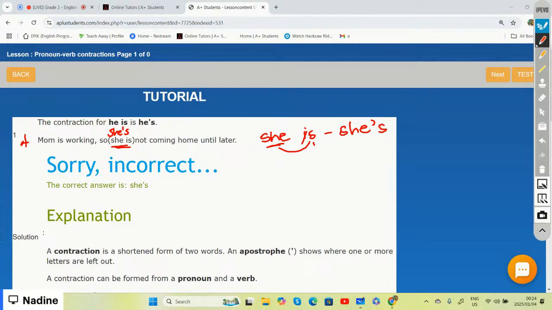All right. So she is. If we were to shorten those two words, then it's she's. Yes, well done. She's is correct.